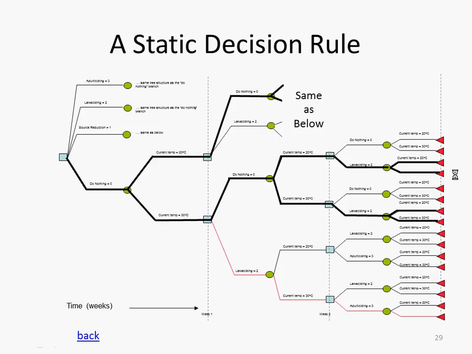So if the temperature here goes up, it'll go this way. Maybe the temperature in week 1 is high, maybe the temperature in week 2 is low, in which case, what will actually play out over time is sort of a situation where we make this choice, this thing happens, it's high temperature, we do nothing, and then it's a low temperature. Only one of these scenarios will actually play out over time.